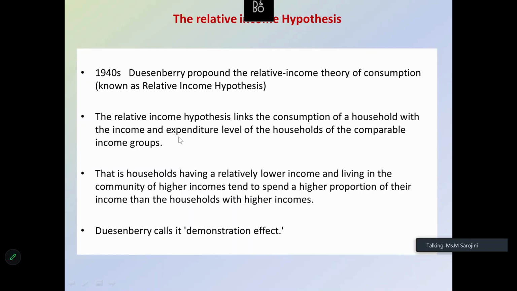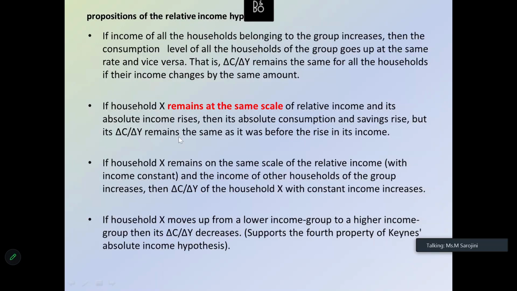This is explained. The relative income hypothesis has some propositions. Listen very carefully. If the income of all households belonging to the group increases, then the consumption of all the households of the group goes up at the same rate, and vice versa.